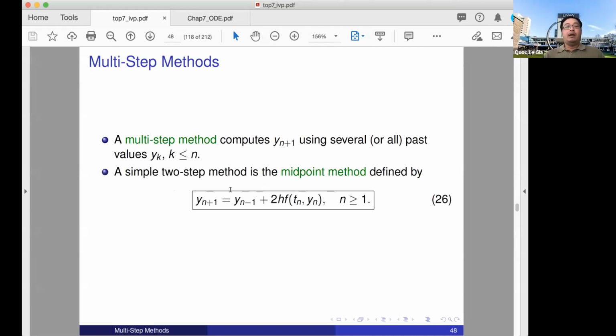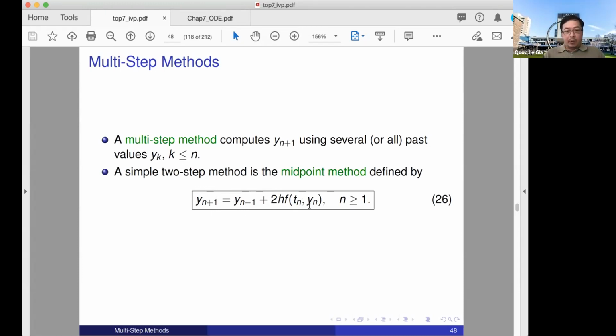So remember the midpoint method, which is defined by this formula. Then you see that yn plus 1 can be defined from yn minus 1 and yn. So this one is already a two-step method.